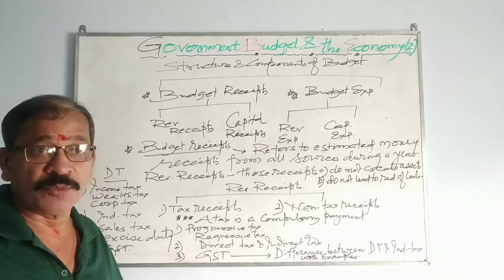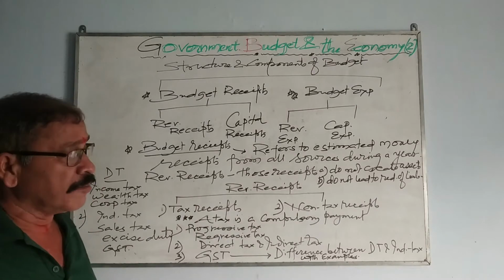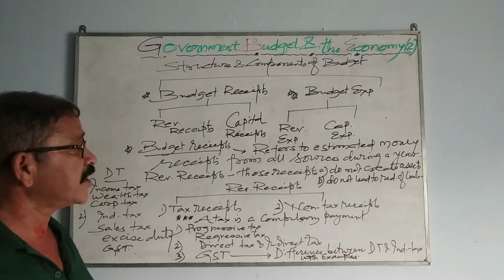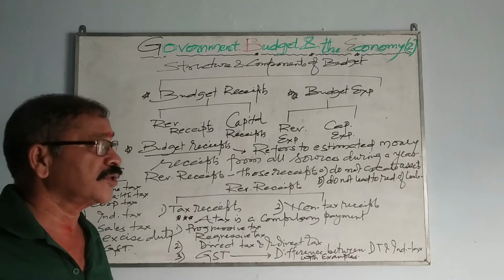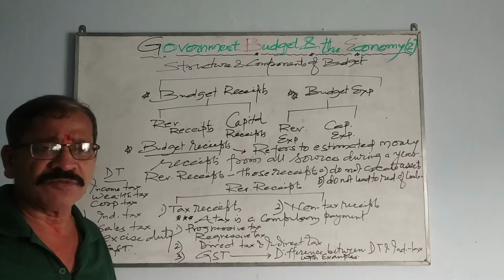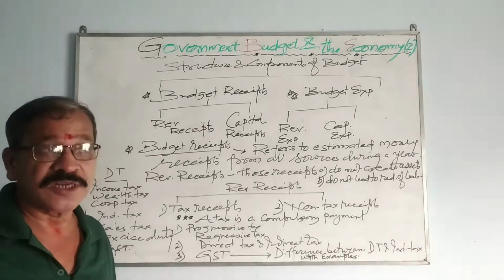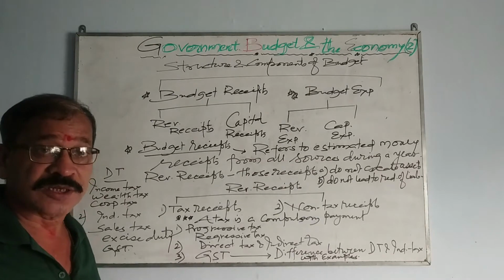Before we start the various components, we should know what budget receipts are. Budget receipts refer to estimated money receipts from all sources during a financial year. Receipts, in other words, you can say income. What is the income of the government? What is the income of the country? That is known as budget receipts.